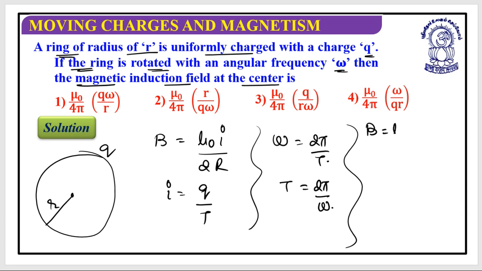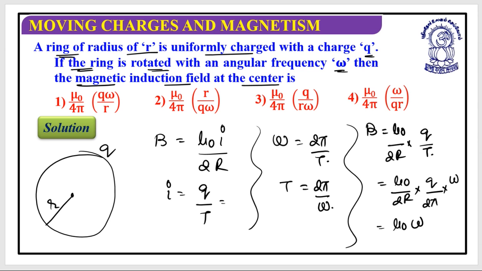B equals mu naught by 2R multiplied by I, and I equals Q by T, so mu naught by 2R multiplied by Q divided by T. This T is 2 pi by omega. So this equals mu naught into omega into Q divided by 2 twos are 4 pi R. This is the required magnetic field: mu naught omega Q divided by 4 pi R. This is the answer. I hope this is clear.